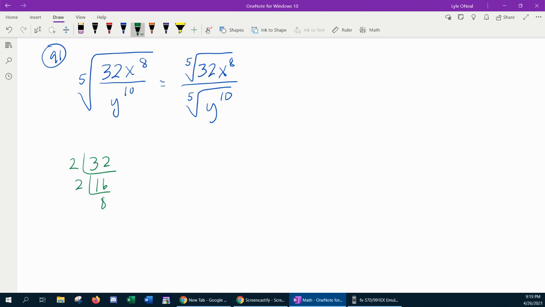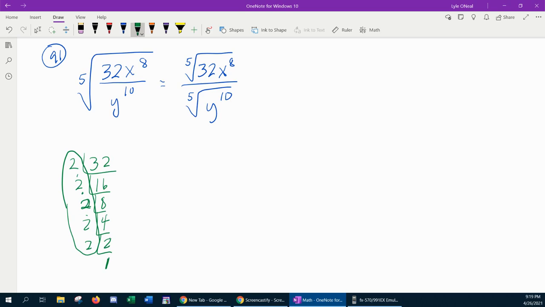2 goes into 16 8 times. 2 goes into 8 4 times. 2 goes into 4 2 times. And remember, you keep going until you get down to 1. And look at that. 1, 2, 3, 4, 5 2s.